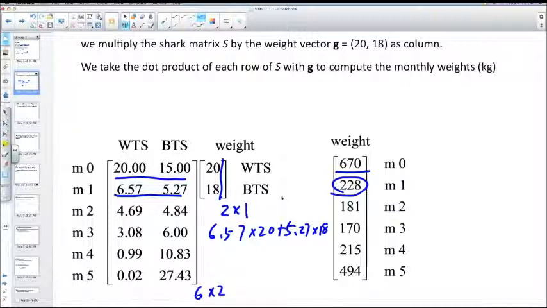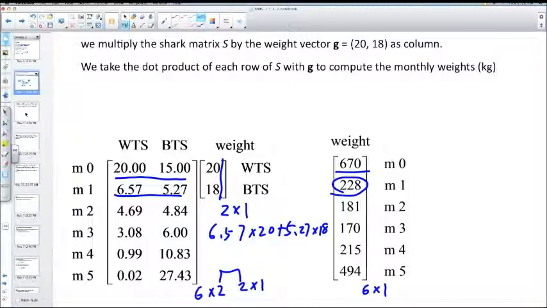What you really did was multiply a 6 by 2 matrix by a 2 by 1 matrix. In the end, the result is a 6 by 1. Now, you call this a vector, but we look at it as a matrix. So you got the idea.